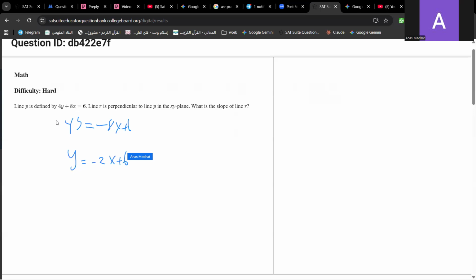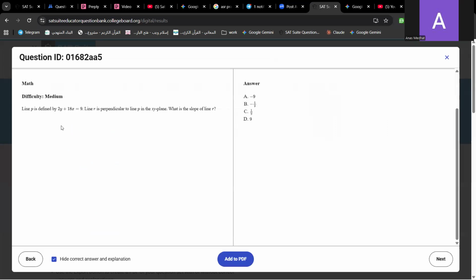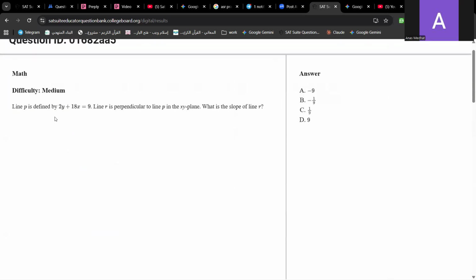So the answer is 1 over 2. Again, y equals 9x plus -9x plus 9 over 2. The answer is 1 over 9.